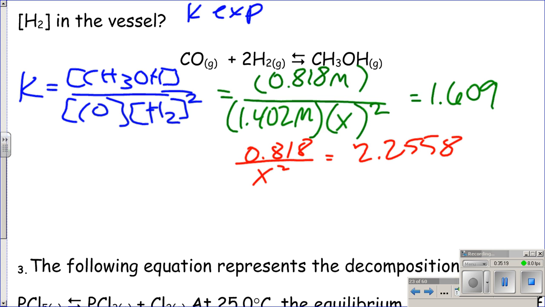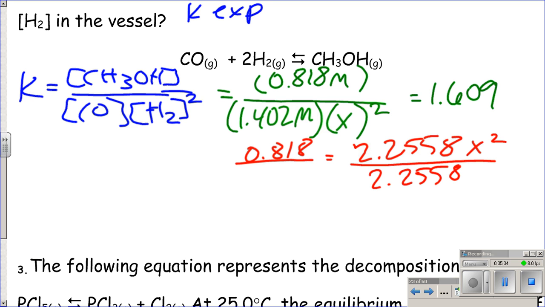I should take the x squared also and then divide. Okay, so we take the x squared over here as well. Then divide by 2.2558. I'm thinking that's right from memory. Forgive me if I'm slightly off there.